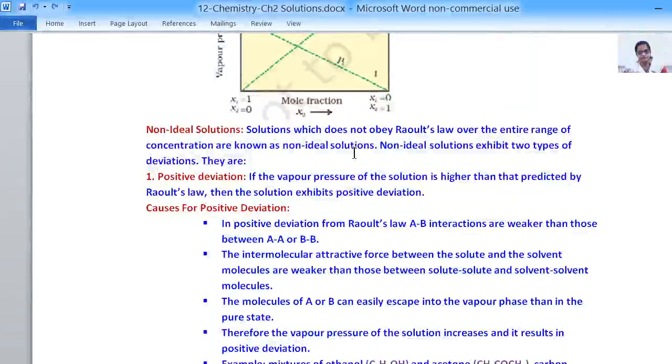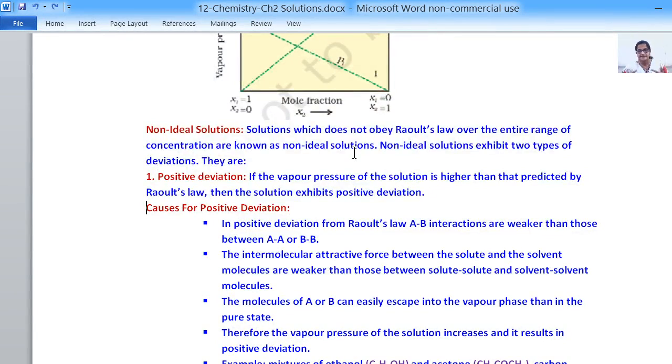As a result, since the AB interaction is weaker, the molecules of either component A or component B can easily escape into the vapor phase than in the pure state.